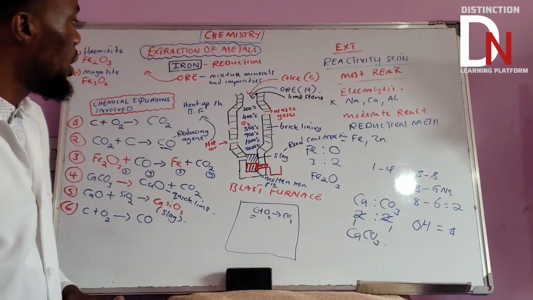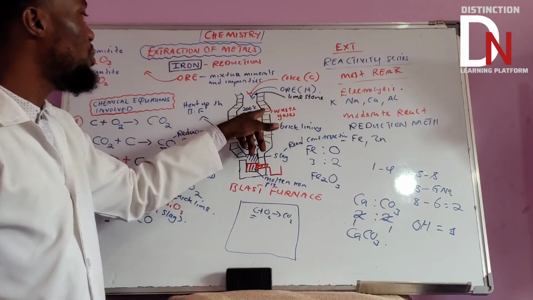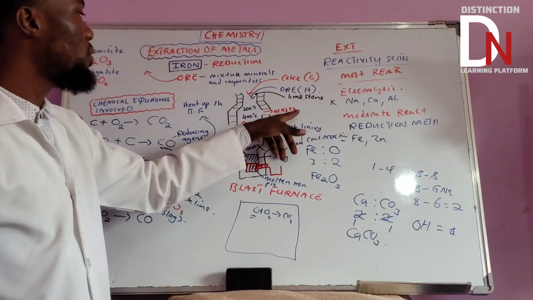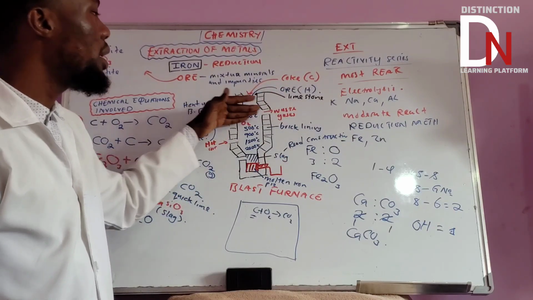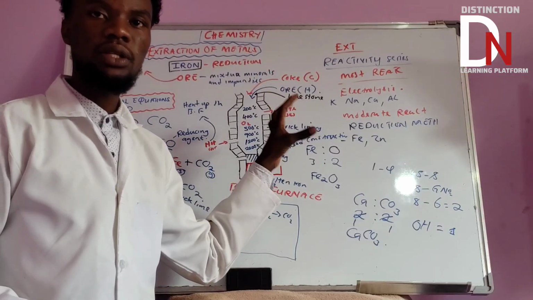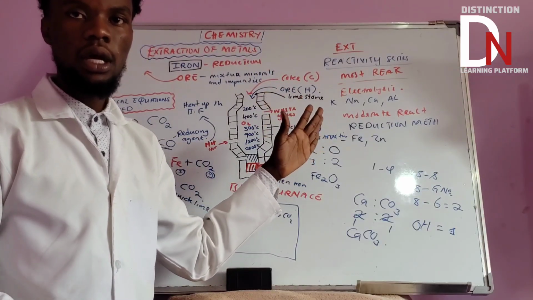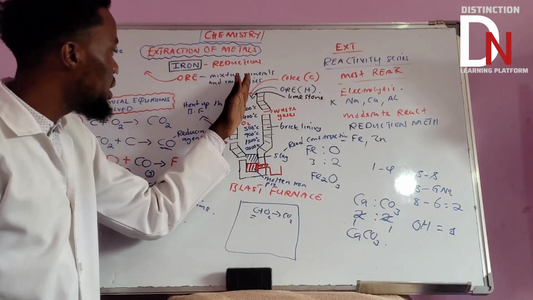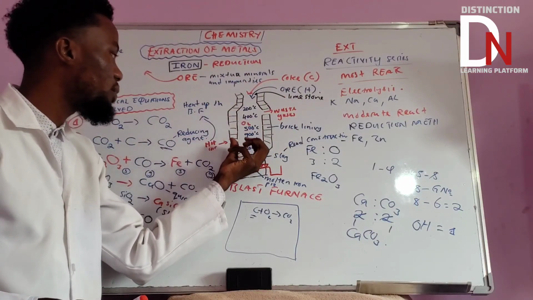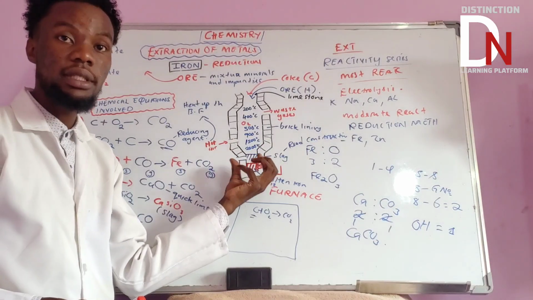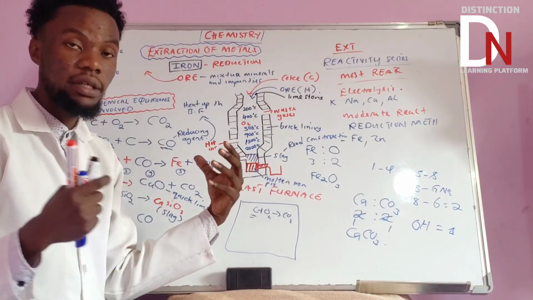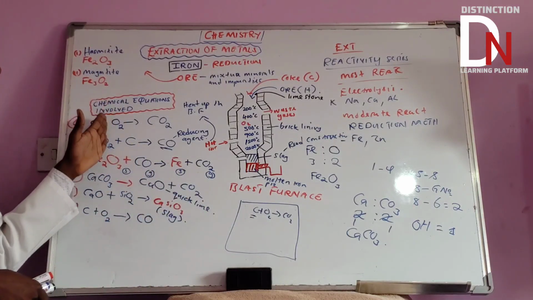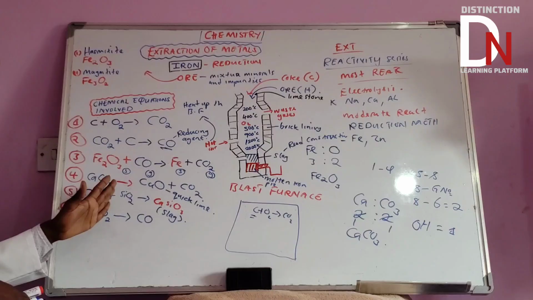Now, the other important thing is, what is the purpose of the waste gases? As you can see from the word waste gases, we don't need them. So they need to come out of the blast furnace so that the temperature in the blast furnace is maintained. Otherwise, if the waste gases were inside the blast furnace, they would interfere with the chemical equation here.